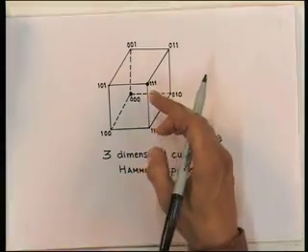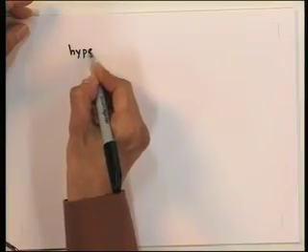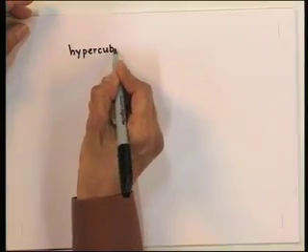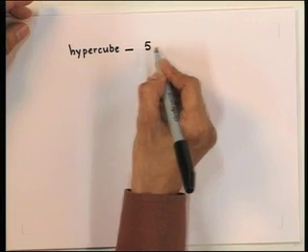Now, in a similar way, the case of n repetitions can be represented by a hypercube of n dimensions.